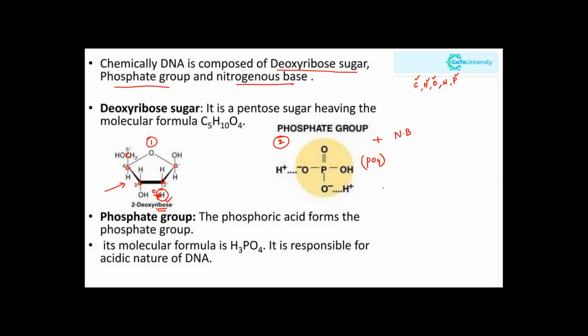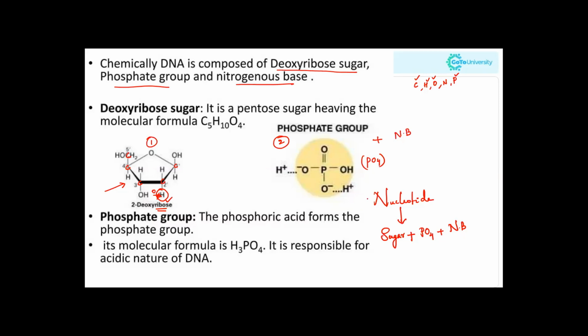So a nucleotide is the monomeric unit of DNA or nucleic acid. A nucleotide consists of the deoxyribose sugar molecule plus the phosphate group plus the nitrogenous base, the purines or pyrimidines.